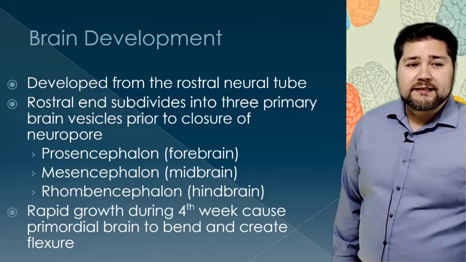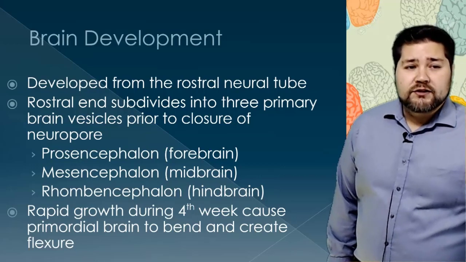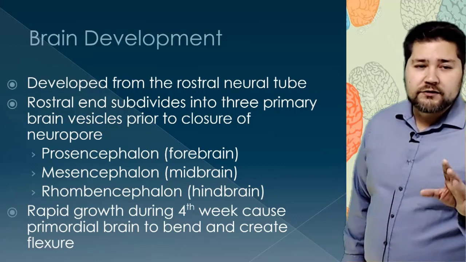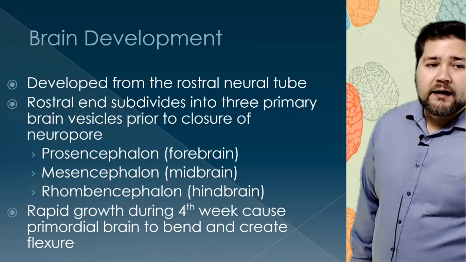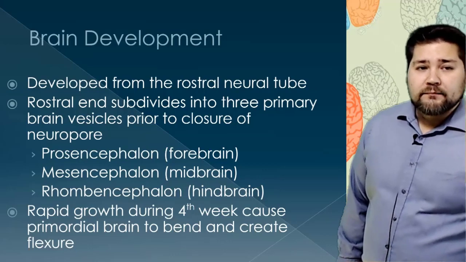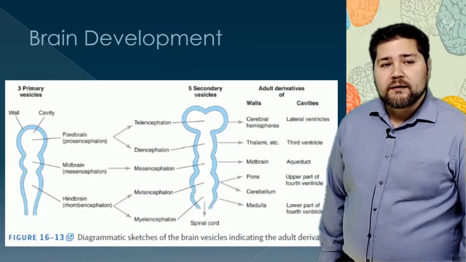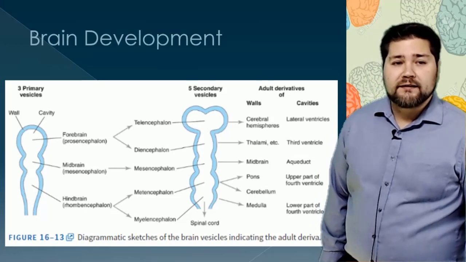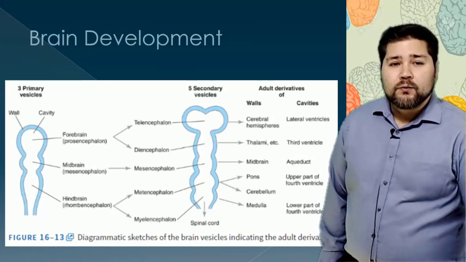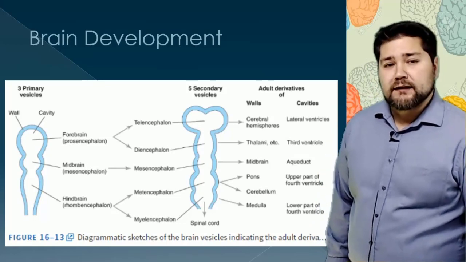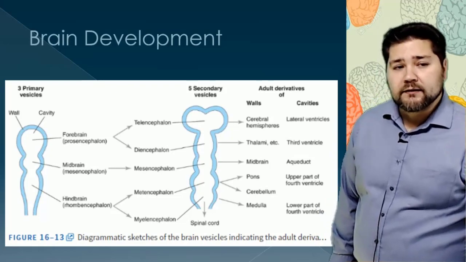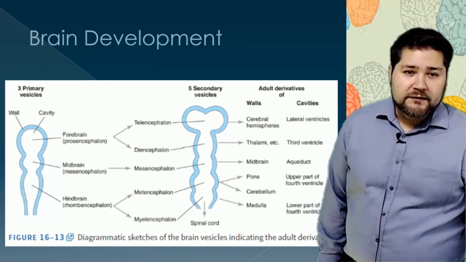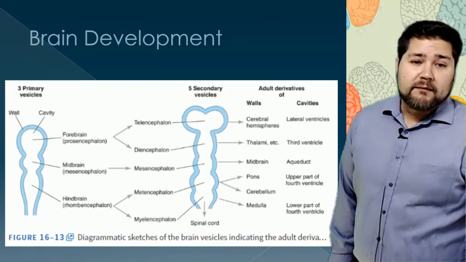And then we're also going to see a further division of these three primary vesicle divisions, particularly the forebrain and the hindbrain. So we'll see the forebrain or prosencephalon develop into the telencephalon and the diencephalon, which are going to give rise to our cerebral hemispheres and the thalamic regions respectively. Our midbrain will remain relatively unchanged and continue to become the midbrain.